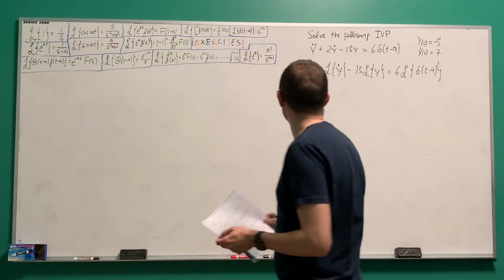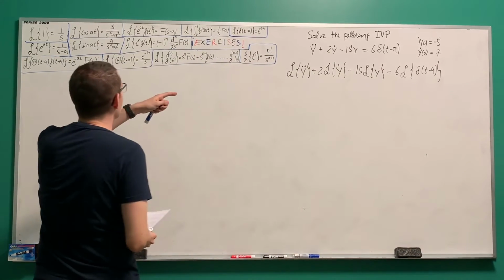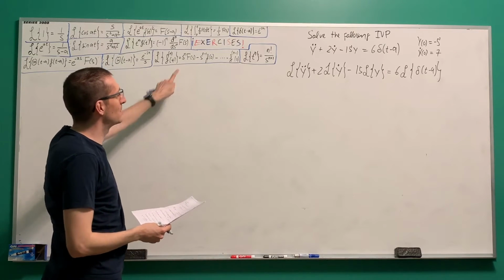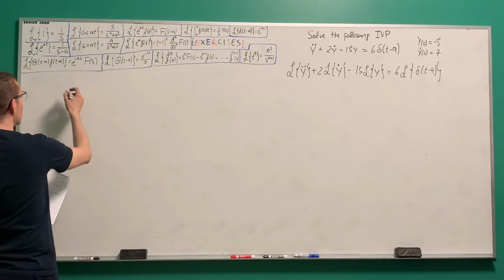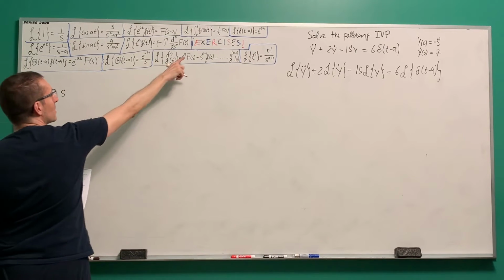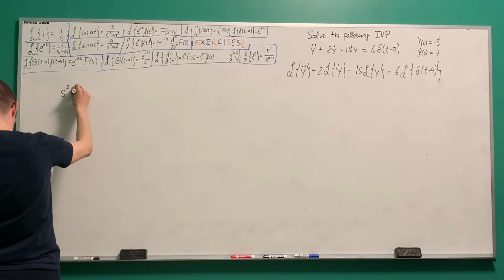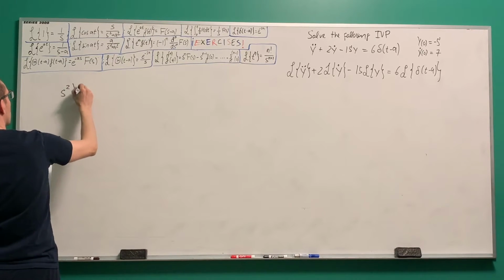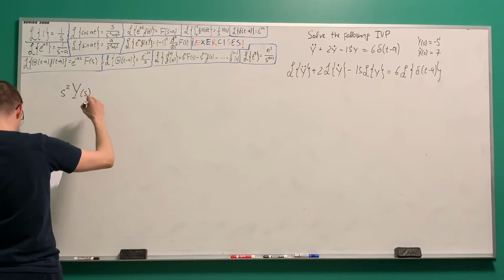All right, so we know how to write that. The Laplace of the second derivative, we use the Laplace of the derivative that we have here. So the first term, the Laplace of the second derivative, is s squared times capital Y of s, right?